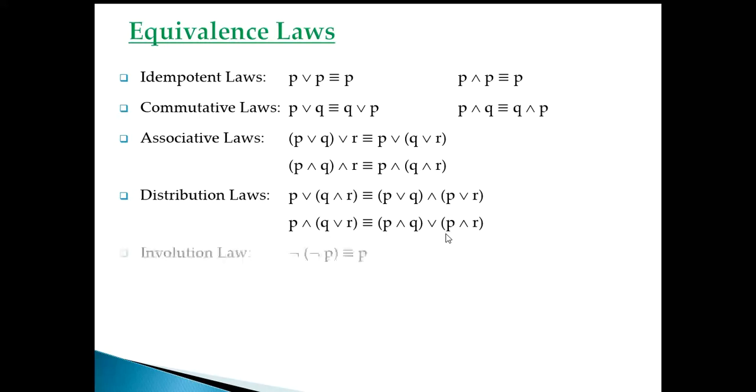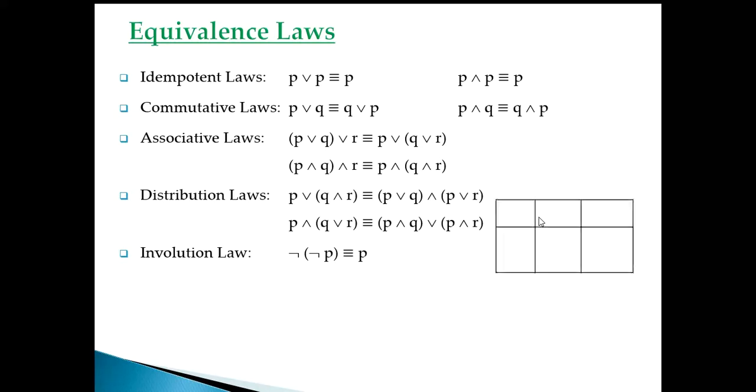Clear? Next one is the involution law. What is the involution law? If we have one proposition P and we take the negation, and again take the negation of this, then the negation of negation P is equivalent to P. Clear? So now let me show how we can write this. Suppose this is our P statement, that is true, false, and we first take the negation of this.